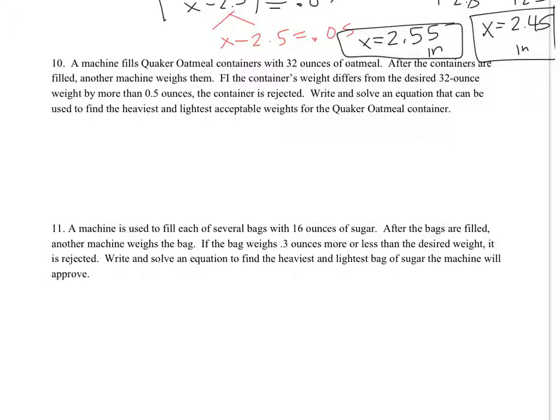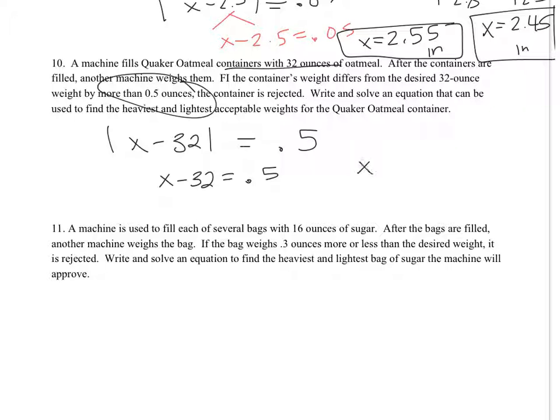So we have our tolerance 0.5 ounces. So it's going to be x minus 32 equals 0.5. So I'm going to do x minus 32 equals positive 0.5, and x minus 32 equals negative 0.5.